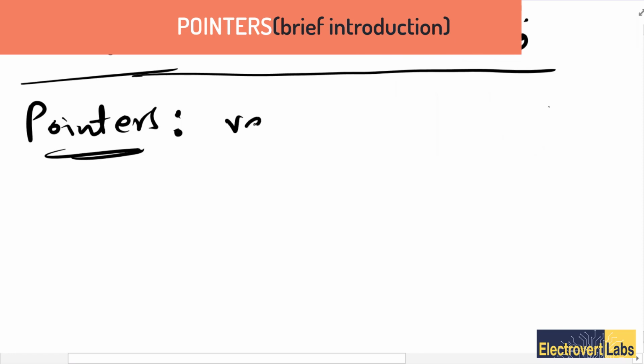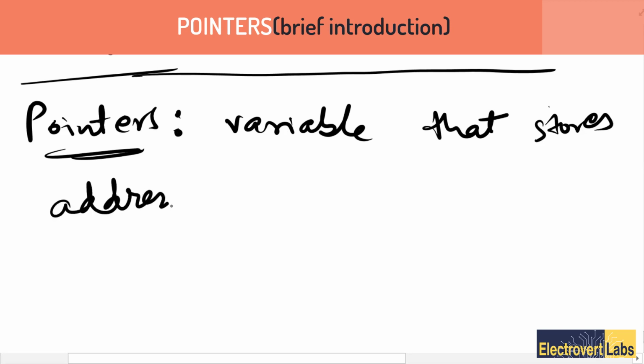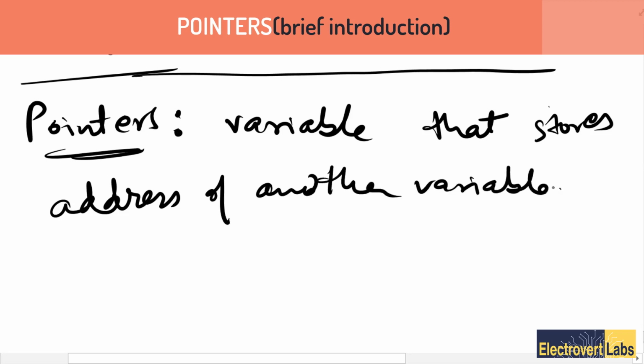It's just a kind of a variable that stores the address of some other variable. Just understand it like a variable that stores the address of another variable. So it doesn't store a value of its own.